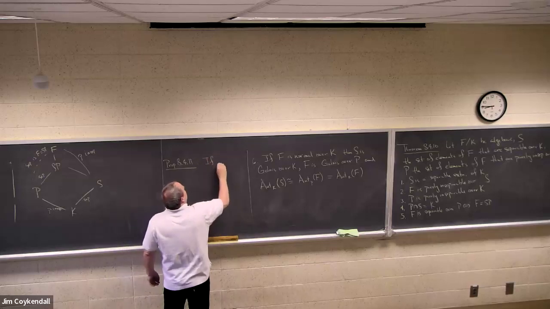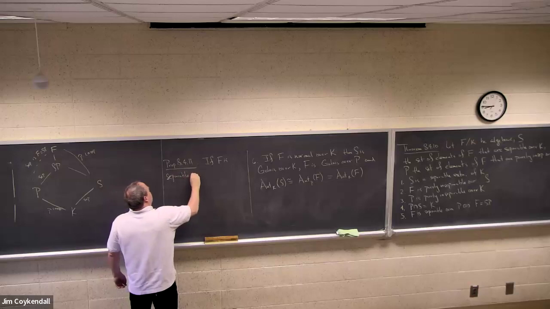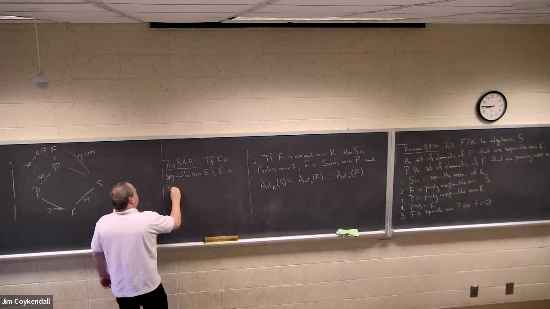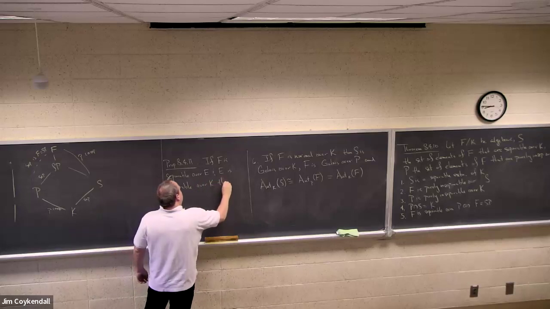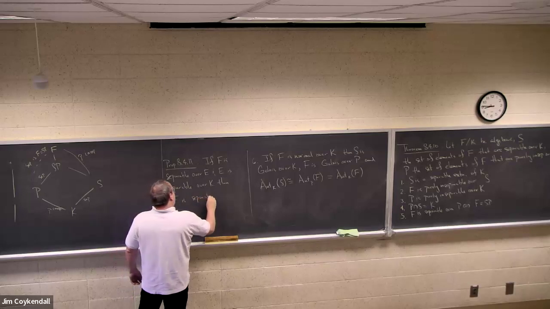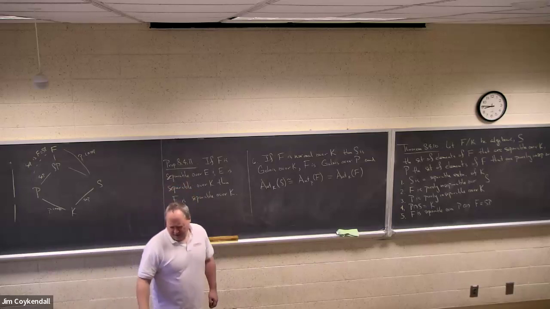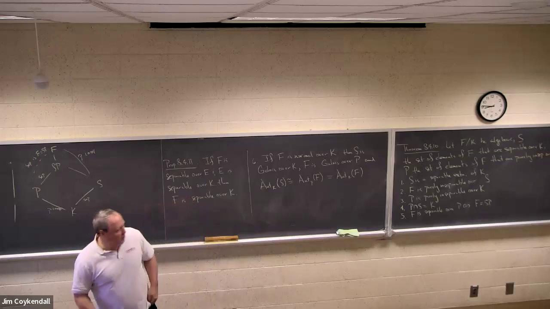So if F is separable over E, and E is separable over K, then F is separable over K. I'm going to leave this, and the next one is an exercise. I know the next one for sure is in the homework.